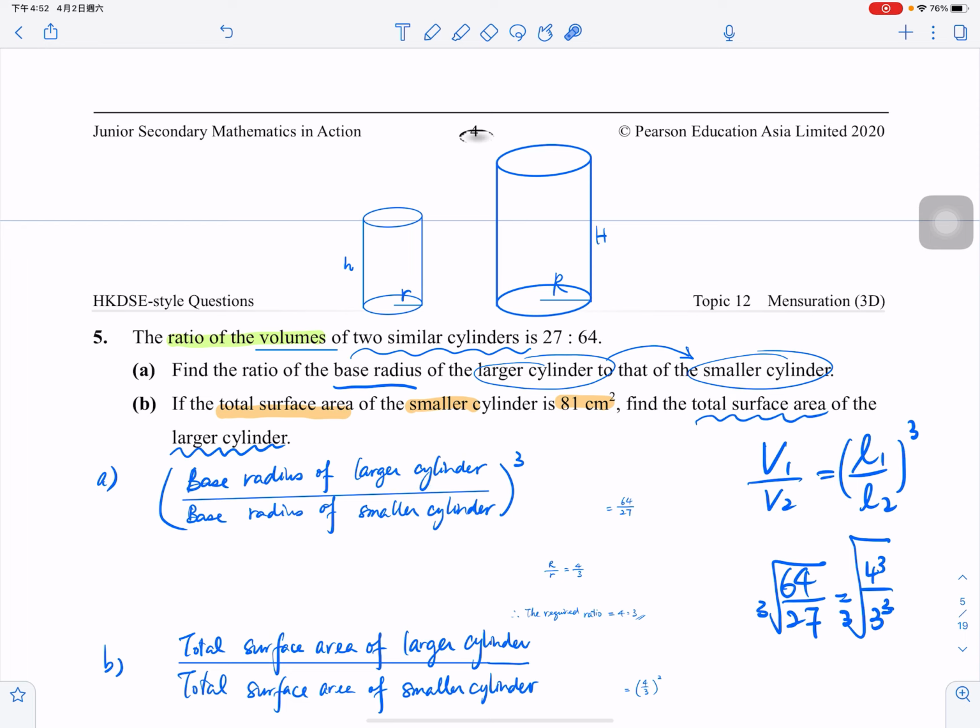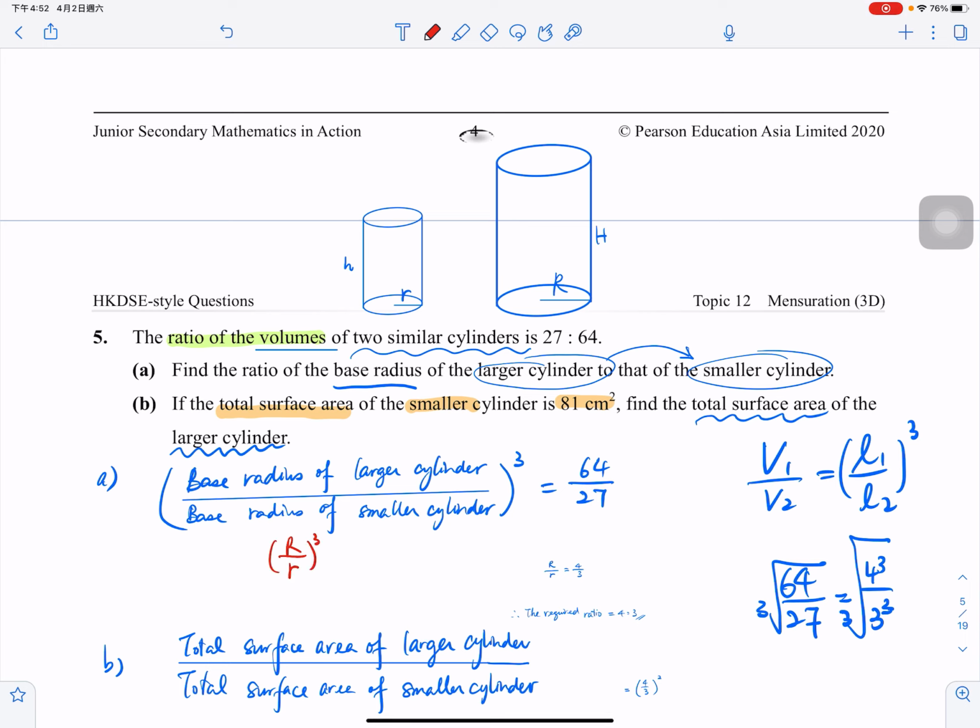Then the smaller one, that means 27 as denominator. I will write like this. So here, 64 to 27. So as a result, this one is big R to small r, right? And then cube.